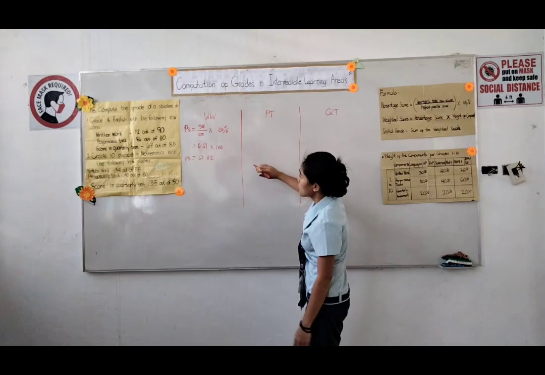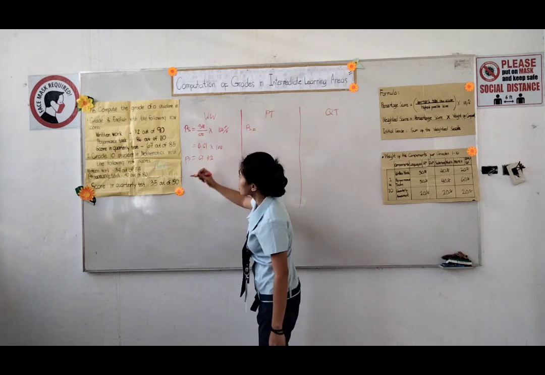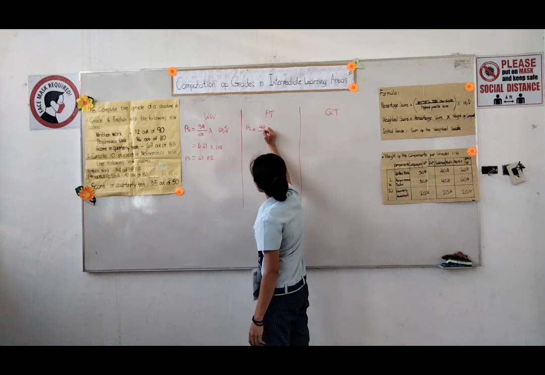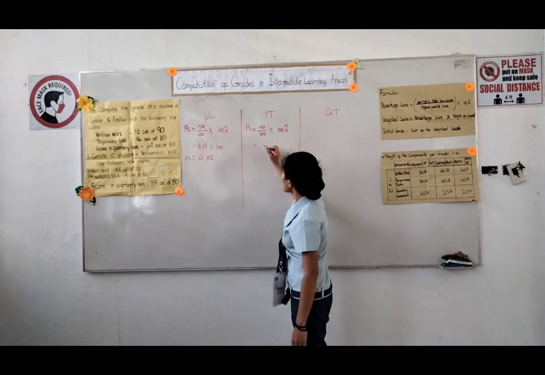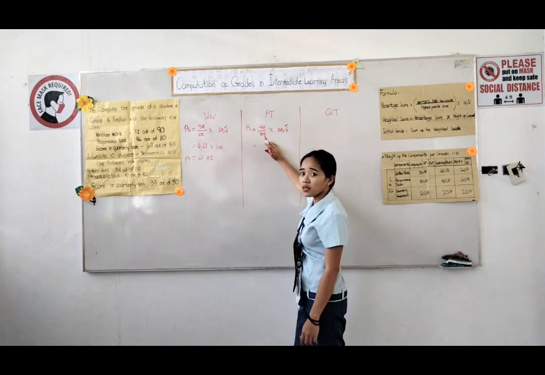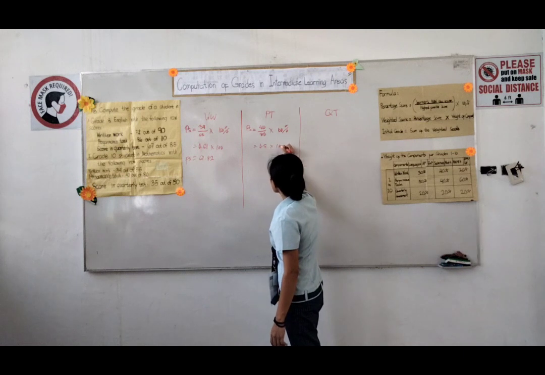So let's proceed to performance task. 40 over 80 times 100%: 40 divided by 80 is equal to 0.5 times 100, which is equal to 50.